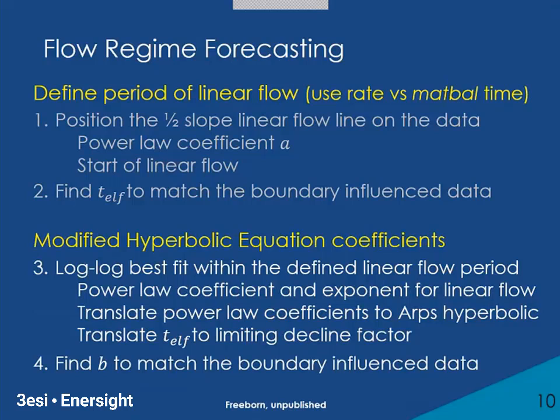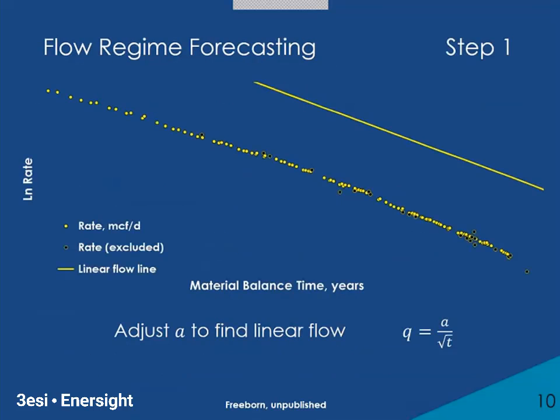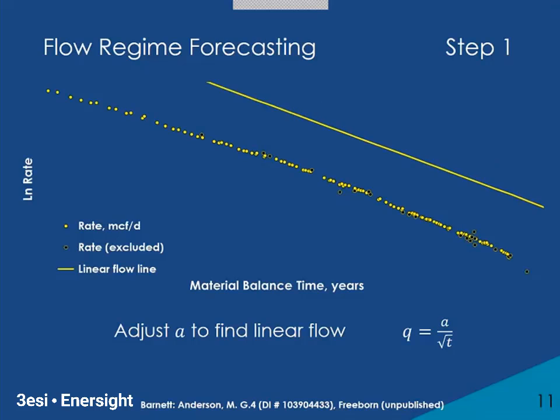So let's look at this now one step at a time graphically. So step 1, we need to find out where linear flow is. Linear flow has 2 parameters, and we already know one of them because it's a half slope. And so all we need to do is find out where the other coefficient is, the intercept, so that we line up with the data.